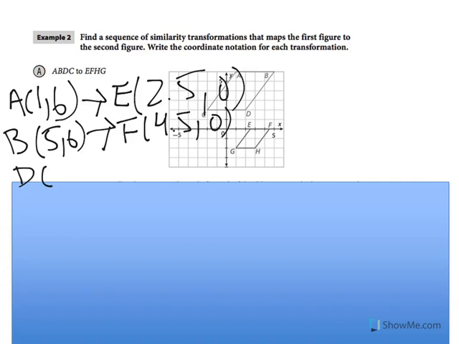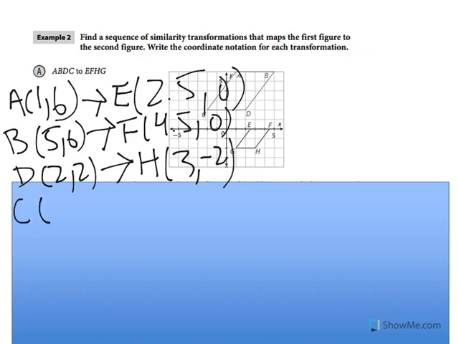D is at (2, 2) and we'll map to H, and H is at 1, 2, 3, so (3, -2). C is at (-2, 2), and we'll go to G, which is at (1, -2). Okay, so those are the coordinates that we want to map to.